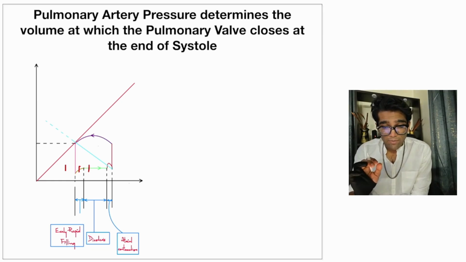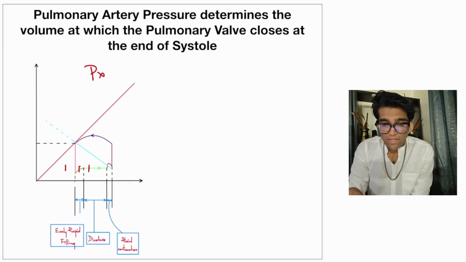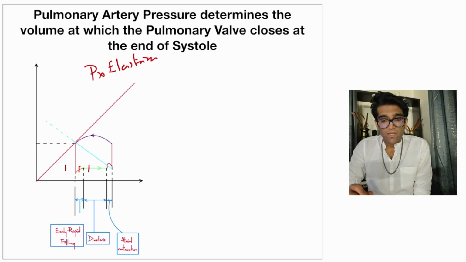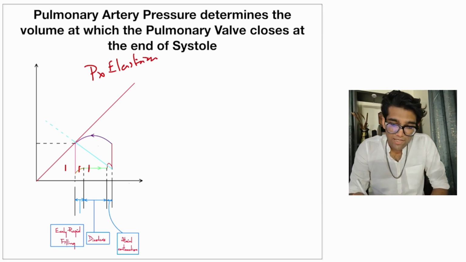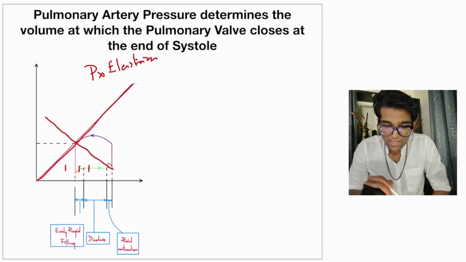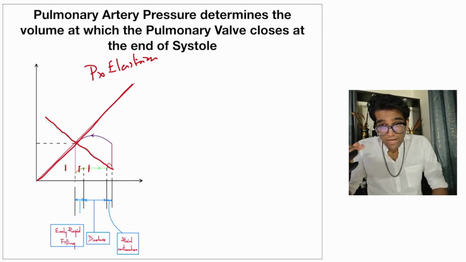So the pulmonary artery pressure times the pulmonary artery elastance is what determines it, and the pulmonary artery elastance is actually this line. So wherever these two lines intersect, that is where the pressure in the pulmonary artery starts to exceed the pressure within the right ventricle, and that is when the valve therefore closes.